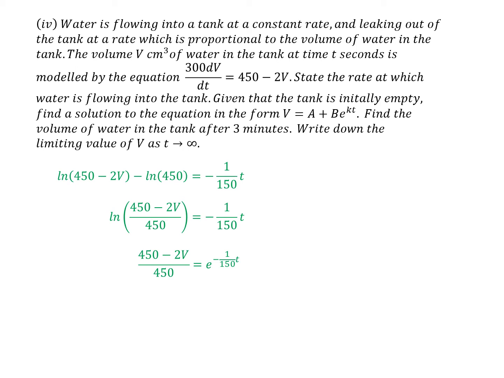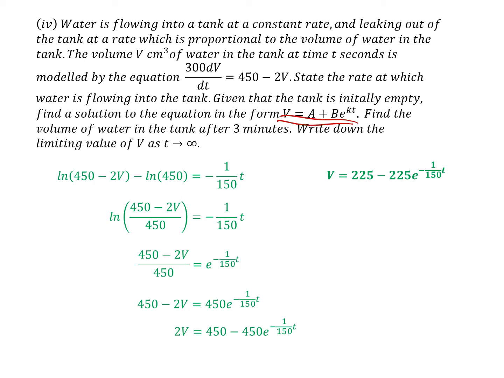So I'm getting a little bit closer to my objective, which is to make v the subject of this. So I can multiply by 450 and then rearrange to make 2v, and then finally divide by 2. So at last we get the answer, the solution to the differential equation in the required form.